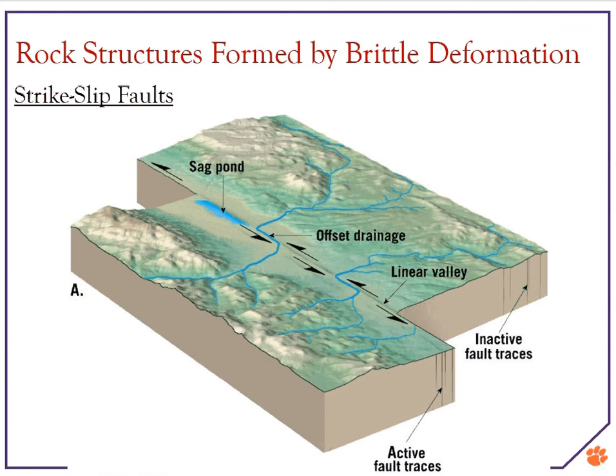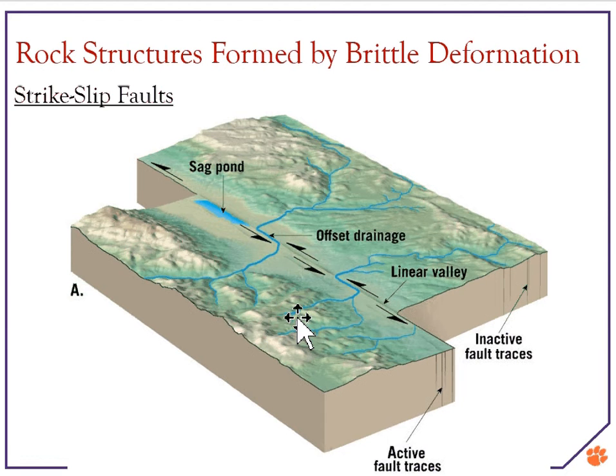Another type of fault is the strike slip. In this case, we don't have tensional or compressional stress, but we have shear stresses. So we will have stresses coming from two different directions on both sides of the fracture surface. The fracture surface is right here in the middle, and this right block will be pushed up in this direction, and the left block is going to be pushed down in this direction.